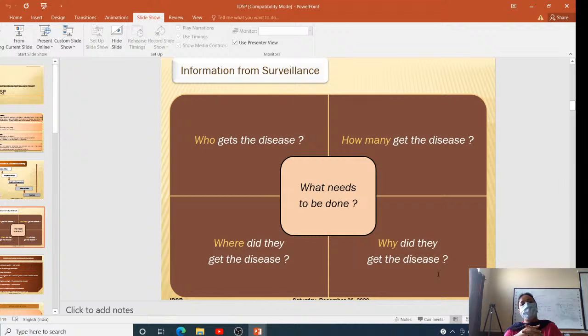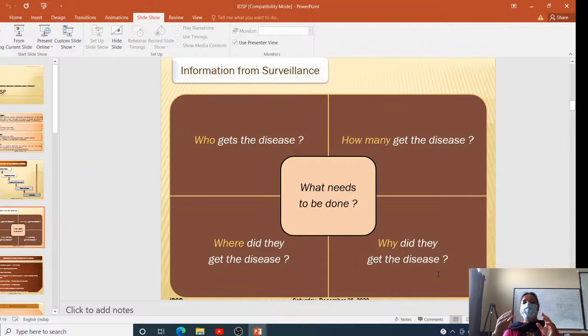There might be multiple reasons. Don't think only about the host factors. There are several environmental factors, political factors, and social factors which are involved in the causation of a disease. So when we try to answer why did they get the disease, then we understand the complete picture: who, how many, where, and why.